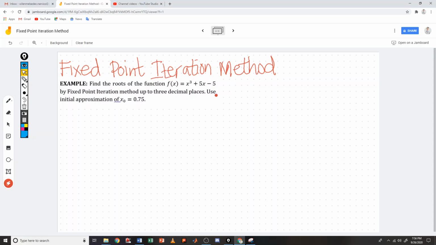Basically, this method is rearranging the equation or the function, say f(x) = x^3 + 5x - 5.